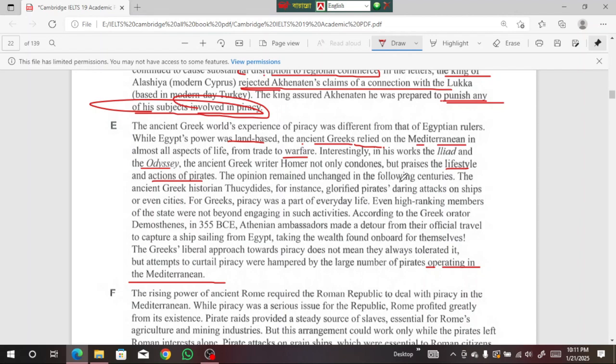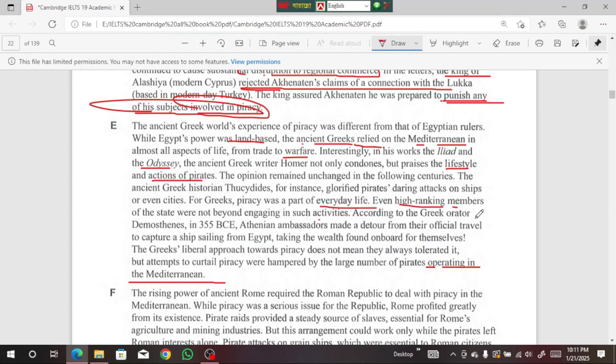The Greek historian of the ancient world glorified piracy, pirates, the attack of ships, even cities. For the Greeks, piracy was part of everyday life. Even high-ranking members of the state were not beyond engaging in such activities.